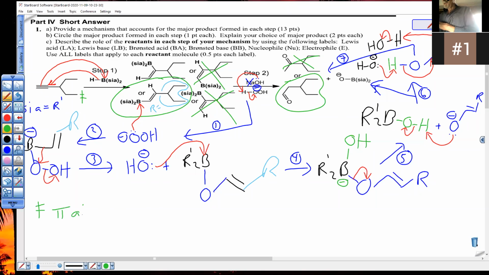Pi attacks less electronegative, sorry, more positive is what I wanted to say.